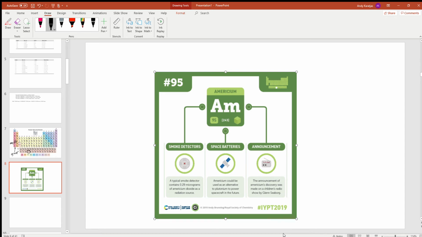Again, note that column on the left says 0.29 micrograms. But your typical smoke detector that you find anywhere has almost 0.3 of a microgram of americium dioxide used as a detector. But again, this was an element that had to be synthesized.